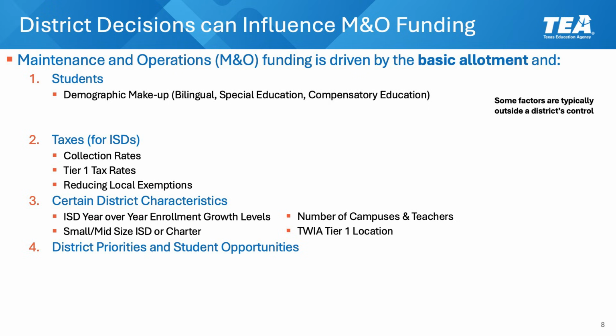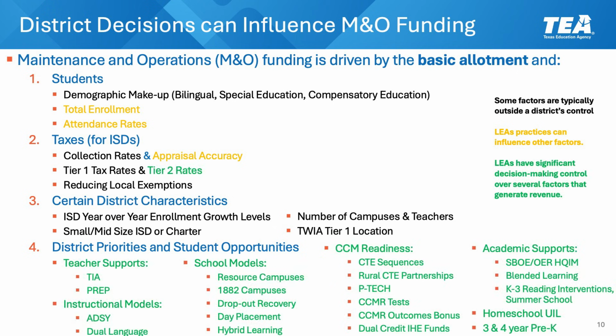Demographic makeup of your students, the collection rates, the tier one tax rates, reducing your local exemptions, the ISD year-over-year growth levels, small and mid-size ISD or charter, the number of campuses and teachers, and where the district is located are typically outside the district's control. There are some items that a district has some influence over, and those are total enrollment, the attendance rates, and the appraisal accuracy. The items highlighted in green can be impacted by district decisions and generate additional revenue.